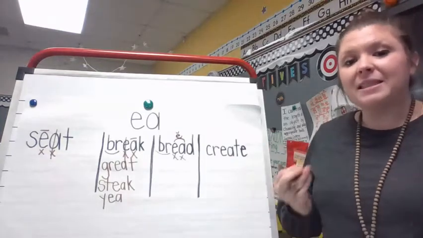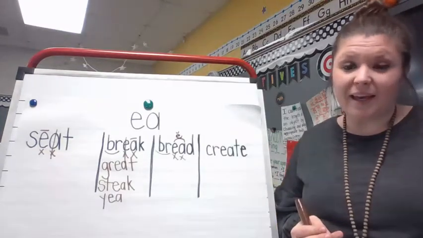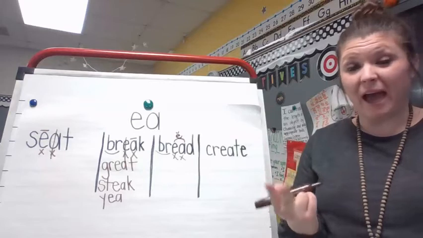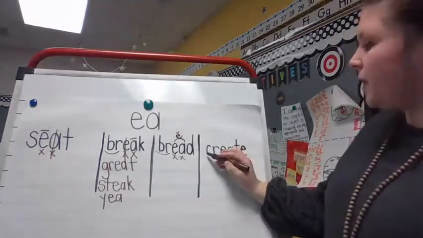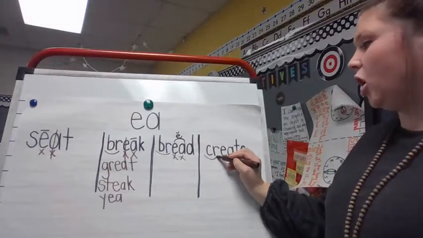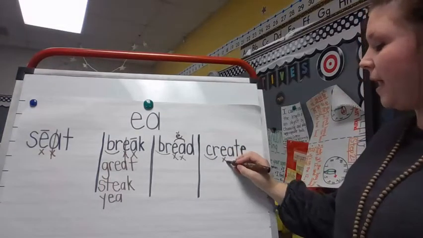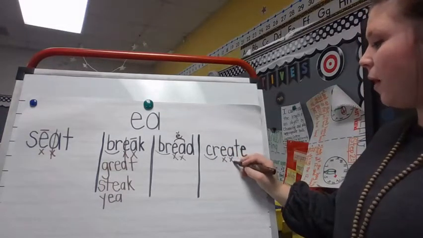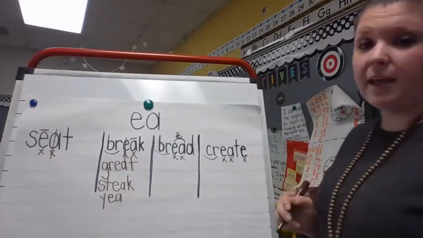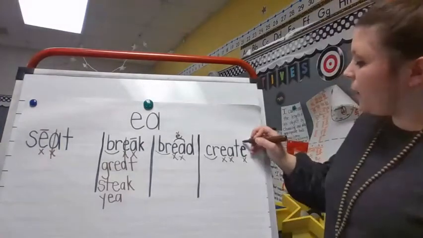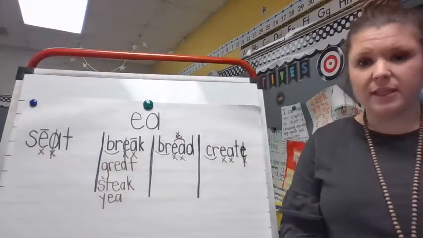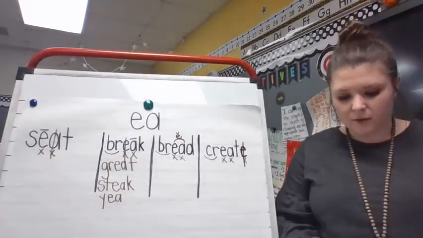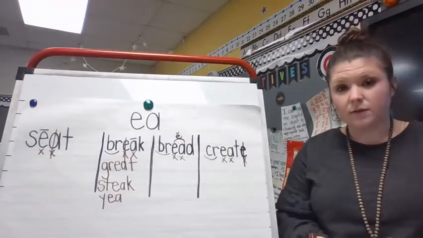And then the last sound that the spelling E and A can make is they can both have their own long vowel sound. So let's look here. Here we have the blend CR. We have vowel E, vowel A, and then silent E on the end. We know that on the end, this vowel is silent, but we still have two vowels here. And remember I told you that they're both going to have their own sound.